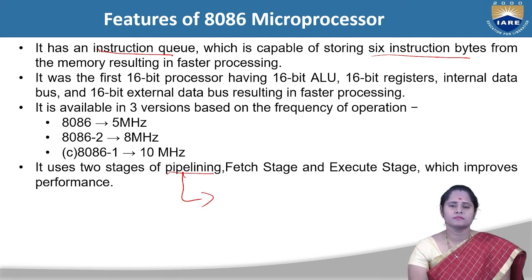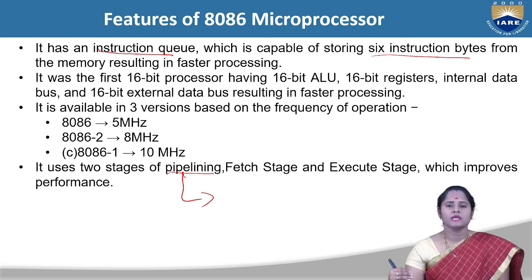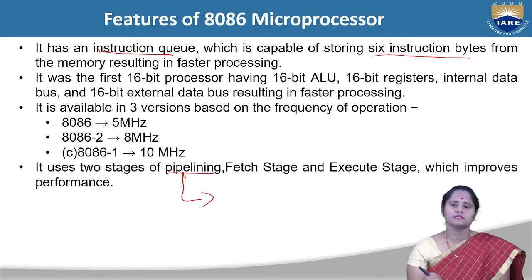Similarly, I need to execute the instructions which are present in the memory of my microprocessor. How can you execute this? By a sequence. Step by step, we place them in an instruction queue, and then send them to the execution unit according to the control signals, and it is executed.